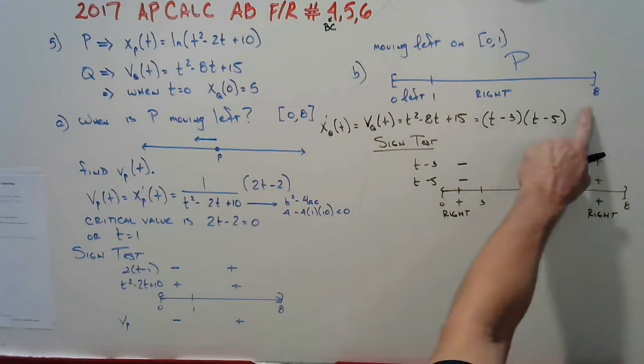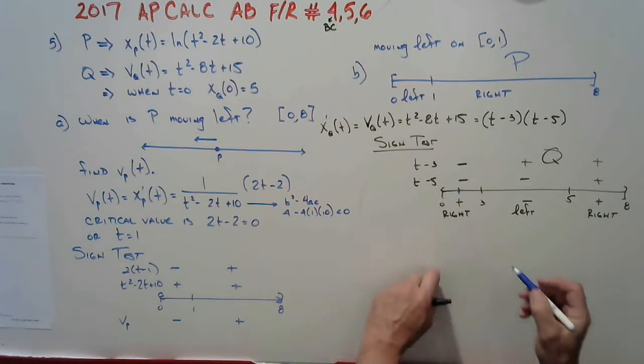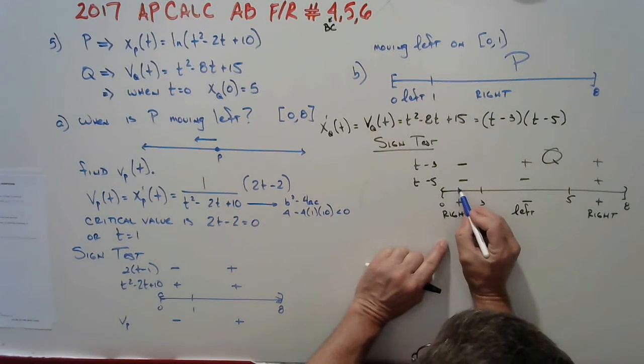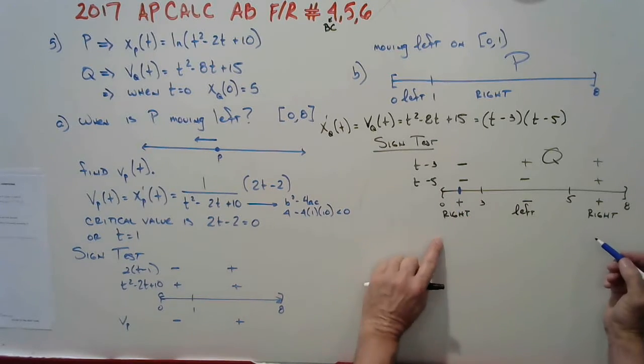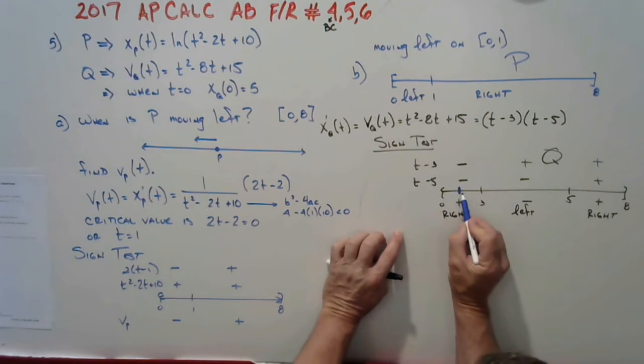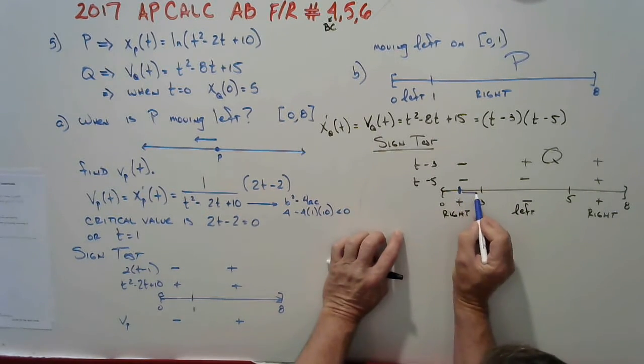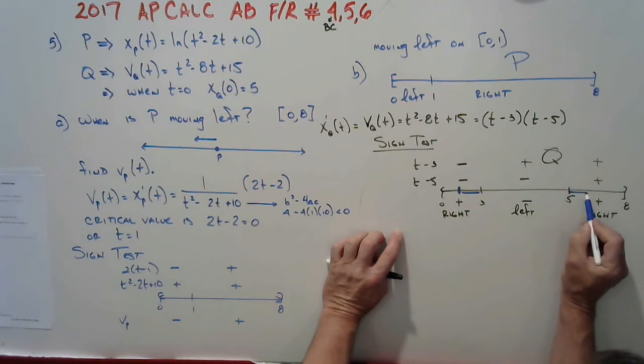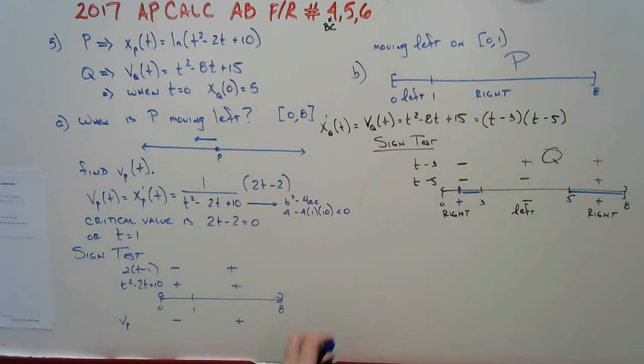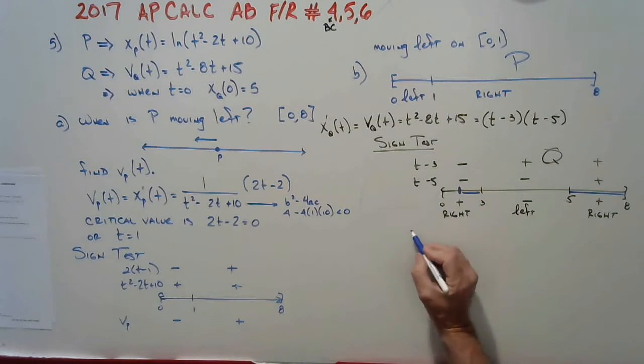Now, from 1 on, particle P is moving right. So once we get past 1, right here, which I made blue, particle P is moving to the right. So we're the same here, and we're the same here. We're moving to the right at both of those times, right? Now, when are we moving the same?